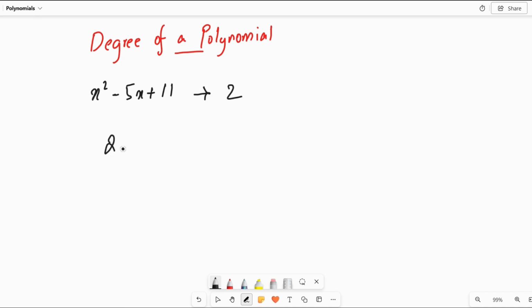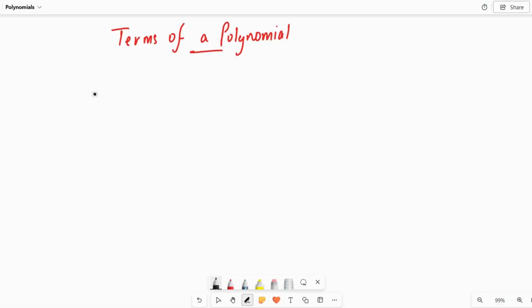Similarly, in a polynomial 2x cubed plus 3x square plus 4, the degree is 3 because the highest exponent is 3. So this concept is important because the degree of a polynomial helps us to classify it and determine its behavior.